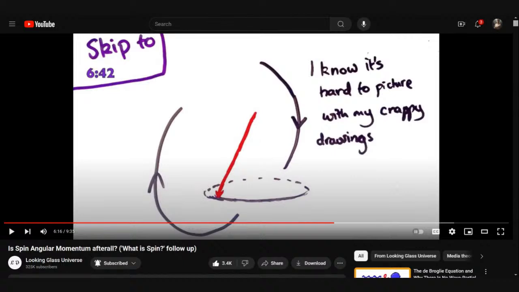I know it's hard to picture with my crappy drawings. It's not hard to picture. I just don't understand what you're talking about. That's not what's happening. It's always the same torque. Why would you say the torque is changing?